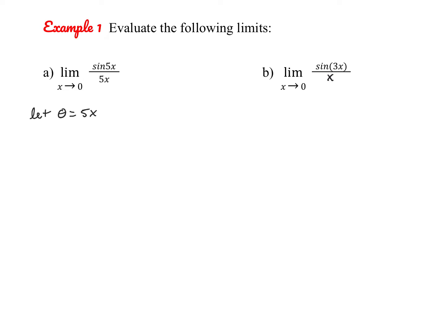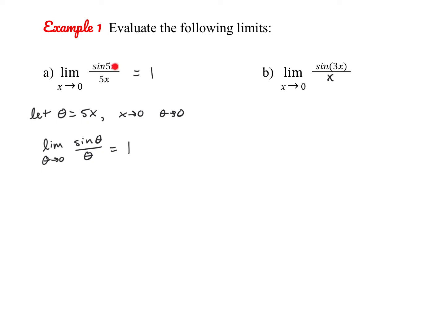So if that's the case, we know that as x approaches 0, theta will also approach 0. So we can say the limit as theta approaches 0 of sine theta over theta. And this by definition would just equal 1. So then we could also say that this limit is equal to 1.